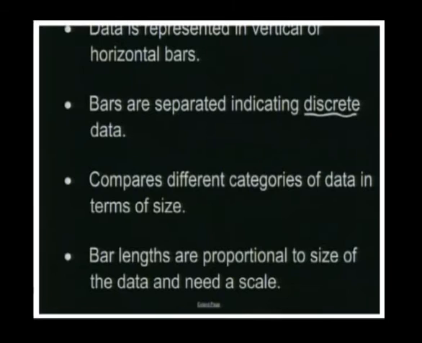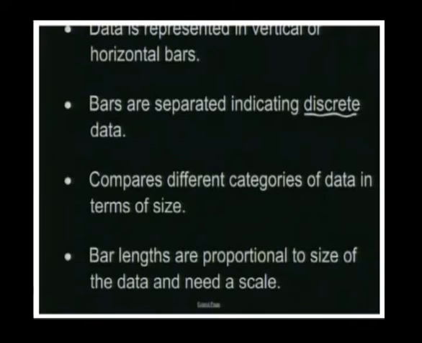Remember that the size of the different categories of data are compared in terms of size. So if we have one category with a very short bar, and then next door is a category with a very long bar, it would necessarily mean that the long bar is a greater value category or has a greater value in it.